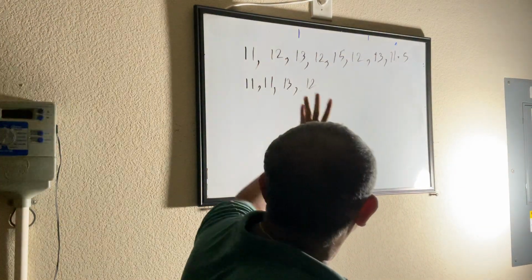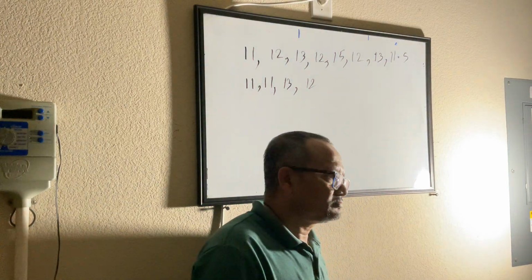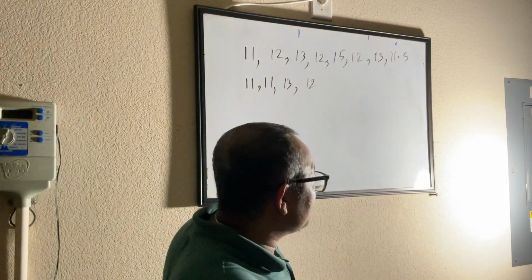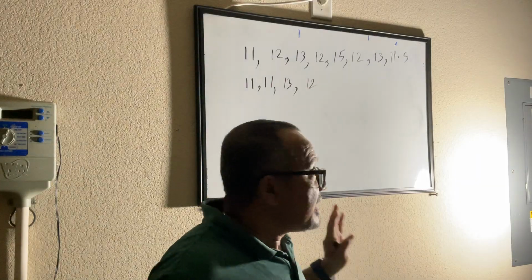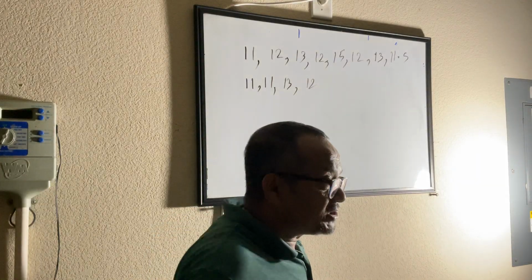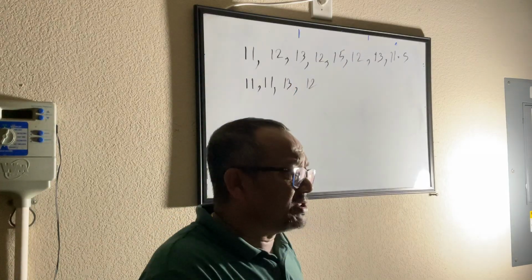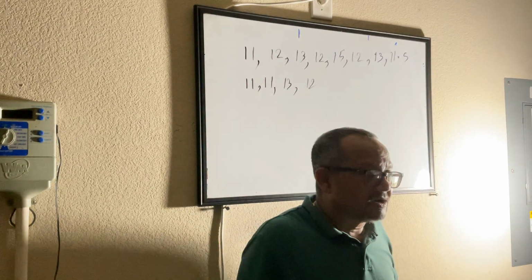Now when I look at this number, this is a number. Good. This is the age of one kid, this is the age of the second kid, this is the age of the third kid. This is good to have information. I have the information now. What can I do with this? This is just collected data.